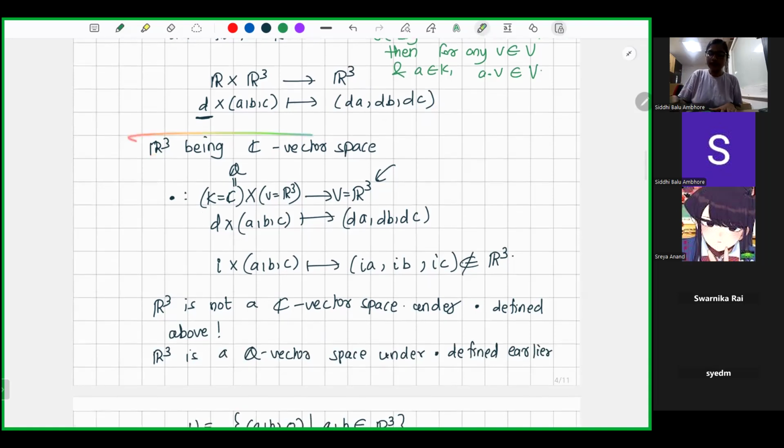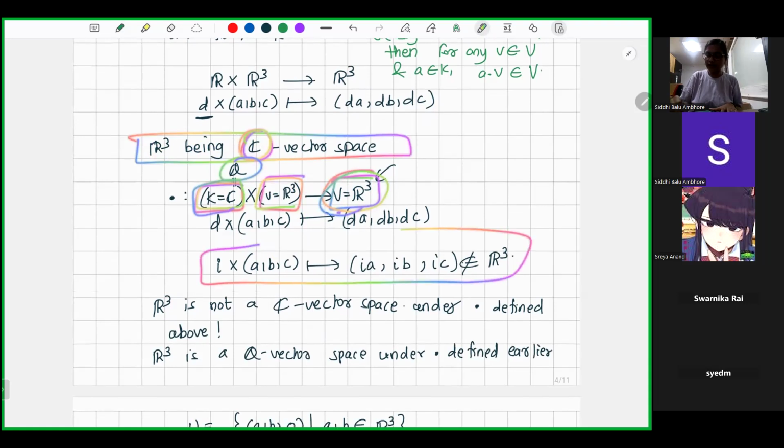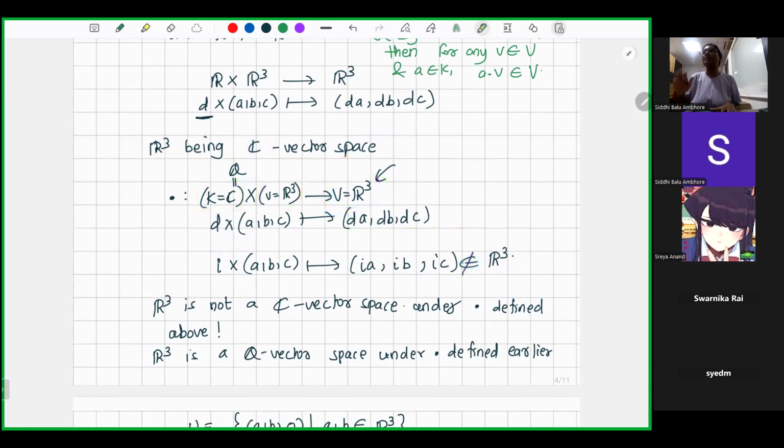But if I talk about R3 being a C vector space, then it does not make sense, because here I am taking K as C and V as R3, and the multiplication needs to land here. If I take i and multiply it by any abc, this element does not belong to R3. So we can't talk about R3 being a C vector space in any sense.